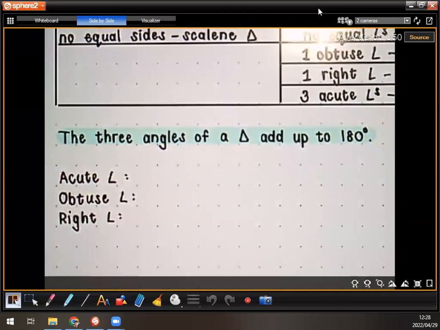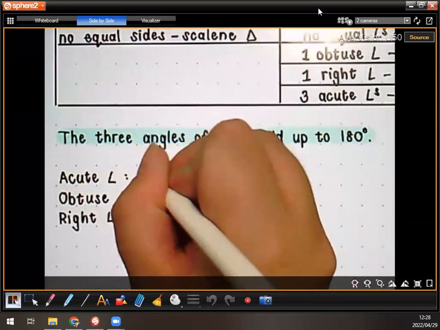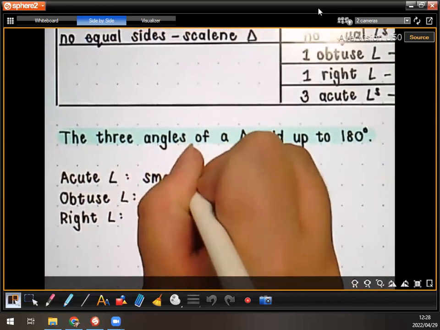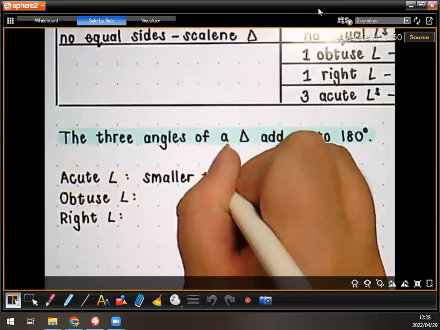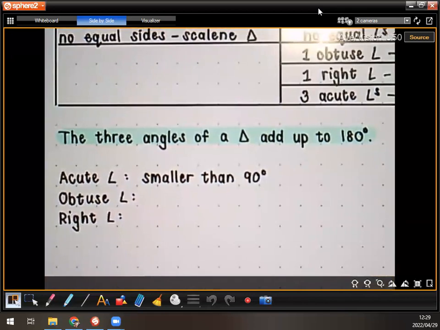Does anyone know what an acute angle is, please? Good. It's an angle that's smaller than 90 degrees. So acute angle, smaller than 90 degrees.